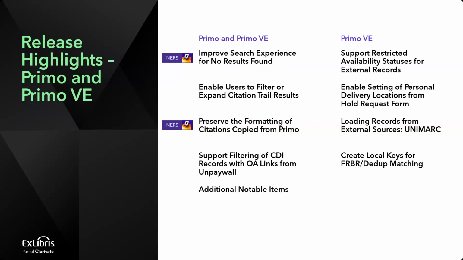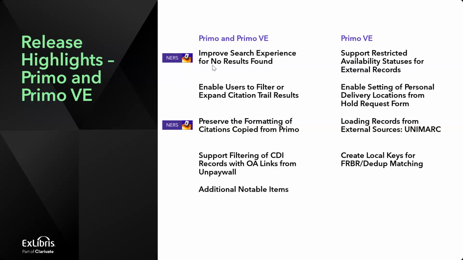Once this is ready with the November content release, you will be able to activate this collection, and it will affect the way your users filter by the availability facet, causing CDI records with open access links from Unpaywall to be filtered as well. It's our recommendation, and we'll introduce a dedicated slot for that. Of course, we'll share more notable items.